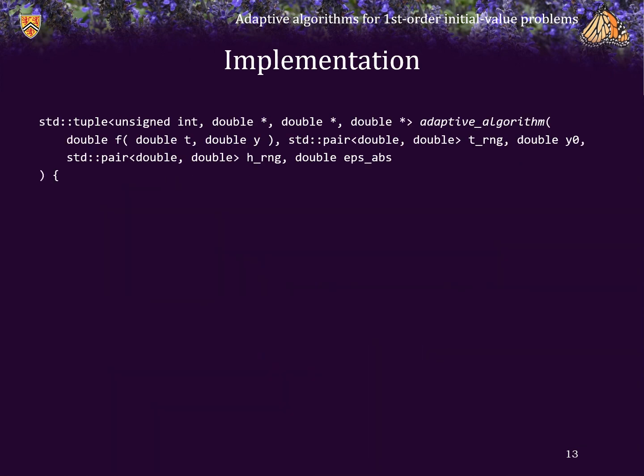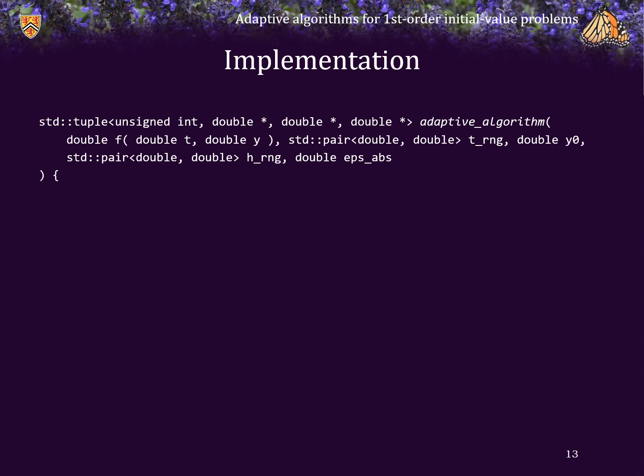All right, let's look at an implementation of a general adaptive algorithm. We will return the number of intervals, that is the number of points minus 1, and 3 arrays, the t-values, the y-values, and the derivatives at the y-values.